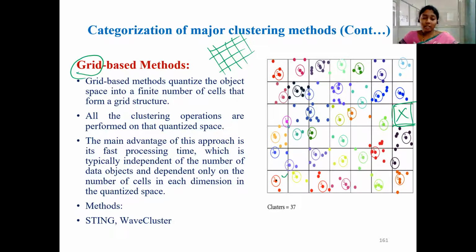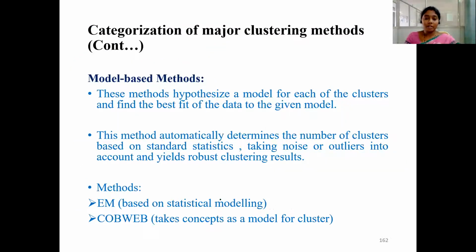It directly forms the cluster based on the distribution of the data on the grid. The major advantage of this is faster processing time. Compared with the remaining methods, grid-based methods can result in faster processing time. And we have two such algorithms under grid-based methods.